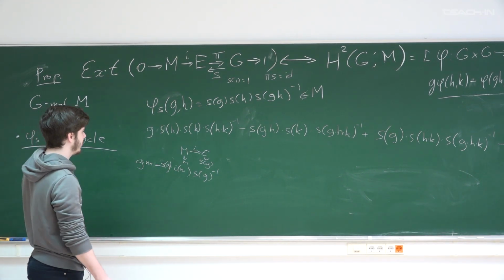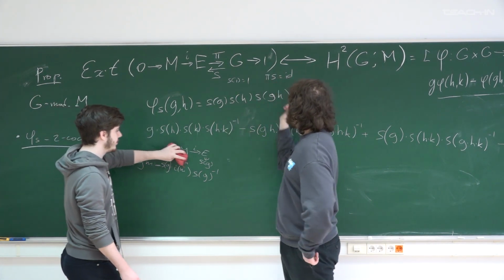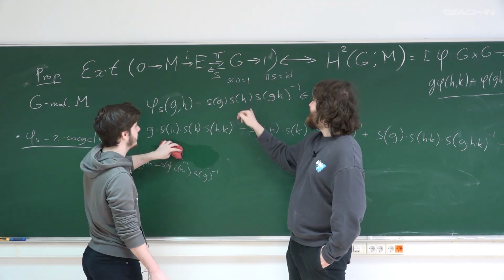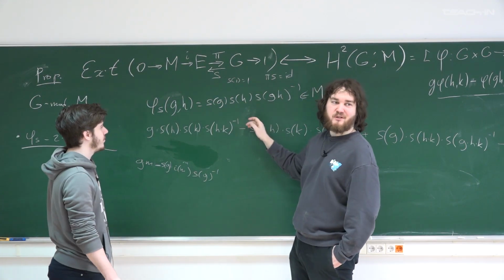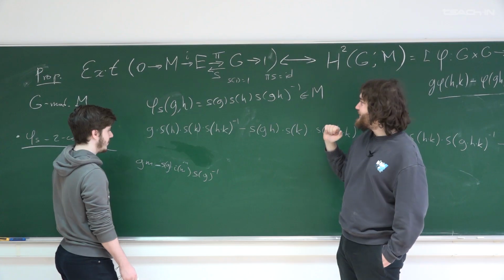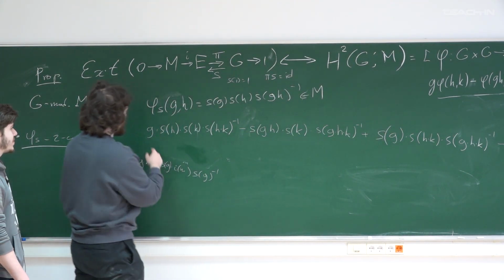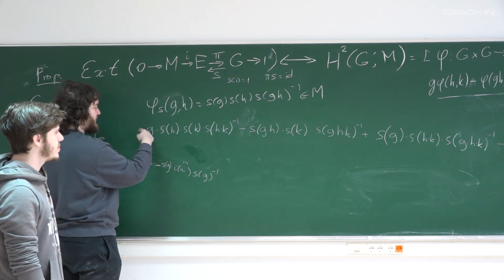This is the cocycle condition. Our first observation: you can check that this element is from M, because if you apply pi, you obtain the unit. So it is in the kernel of pi, it's in M. It takes values in the kernel of pi, and on the kernel of pi we have the action of G. In fact, this is conjugation.